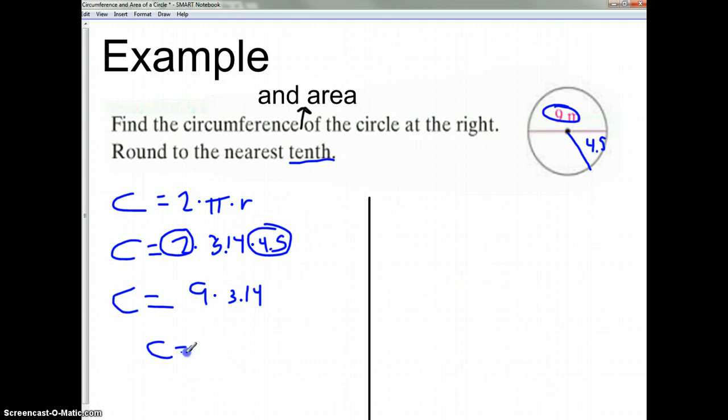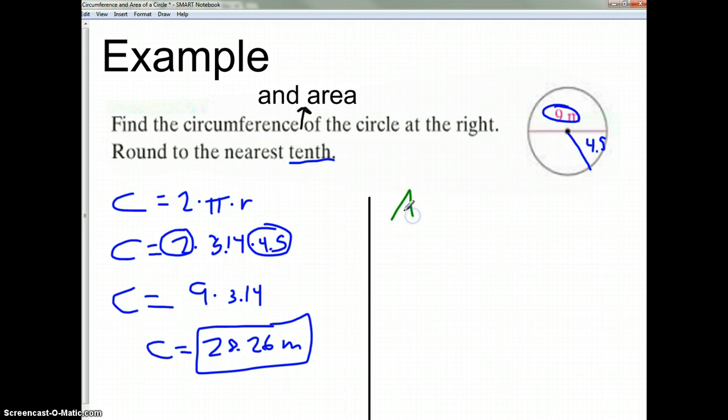Then we go to our calculators, 9 times 3.14, and we come out with 28.26, and that is in linear meters. 28.26 meters is the circumference of that circle over there to the right.